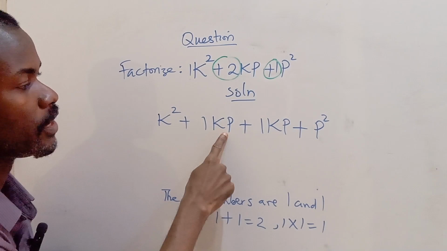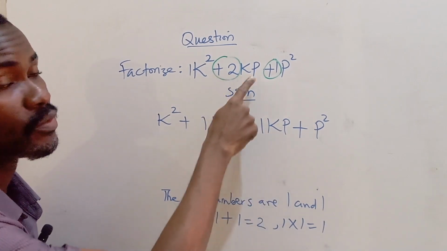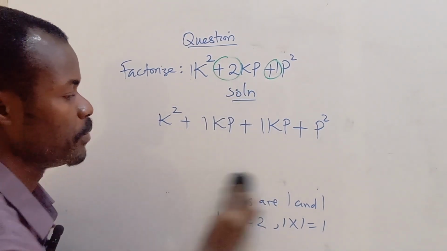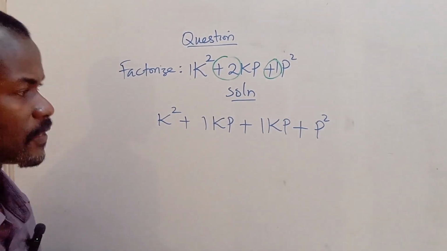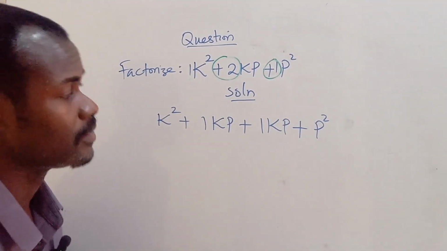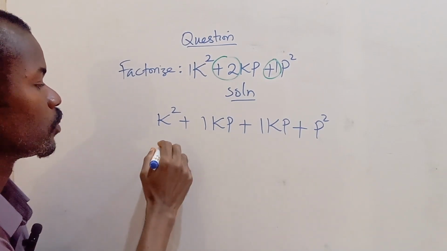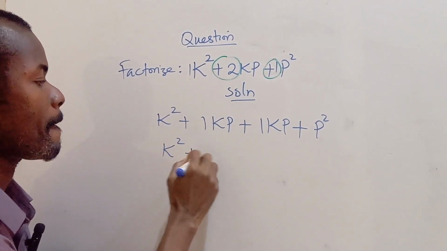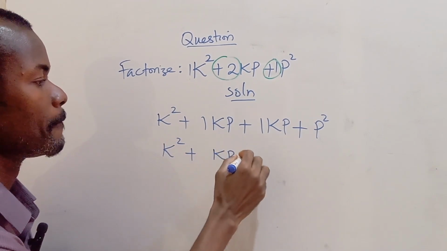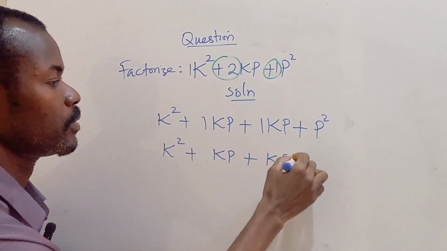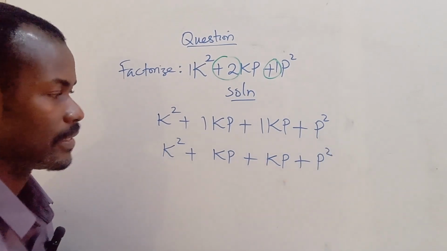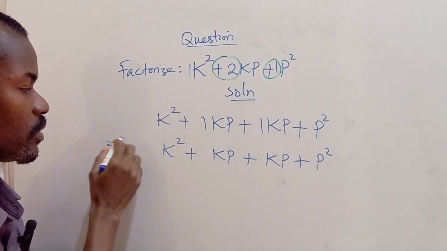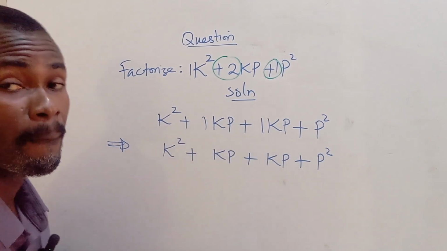Now remember 1kp plus 1kp is going to give us 2kp. But professionally, you don't want to write the 1, you just want to leave it as k squared plus kp plus kp plus p squared. It's best to write it in this form instead of this form.